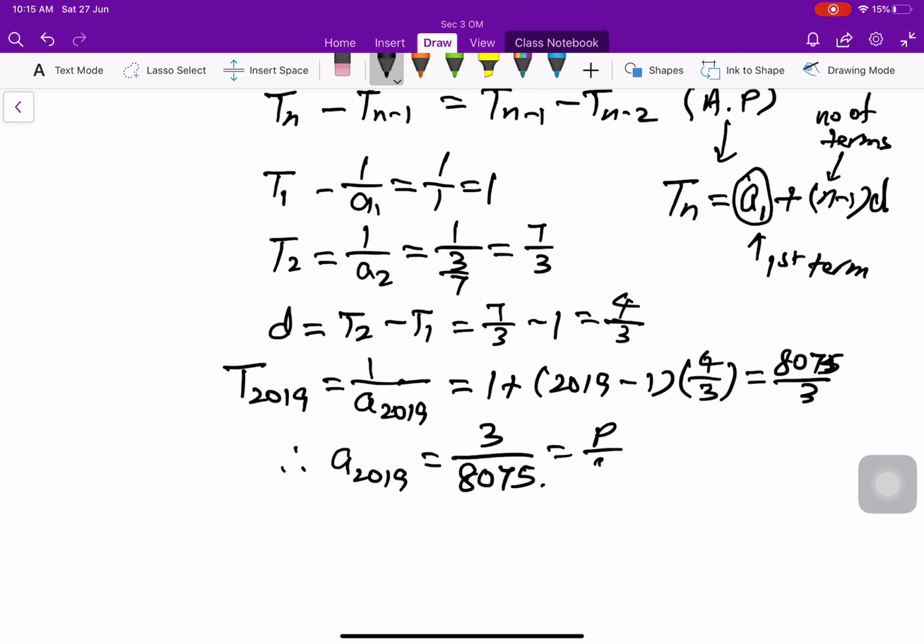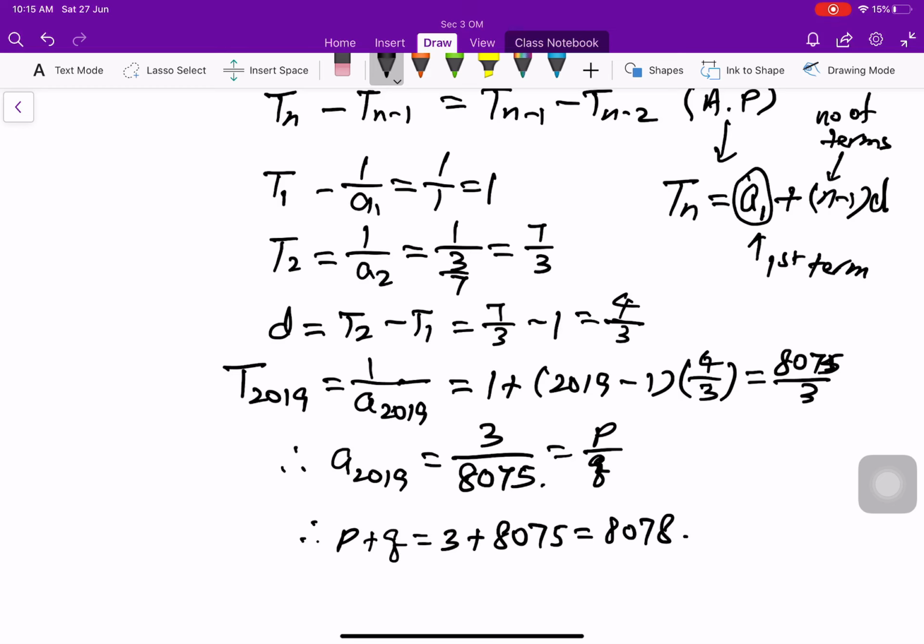P plus Q is just equal to 3 plus 8075, and in this case, you get 8078. Therefore, this is the final answer. I think that is what they asked for.